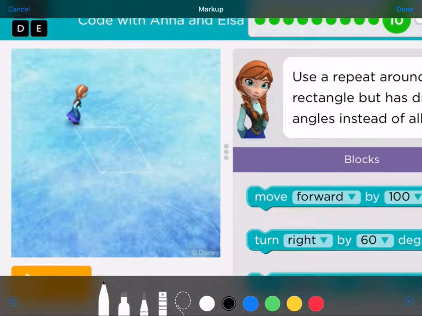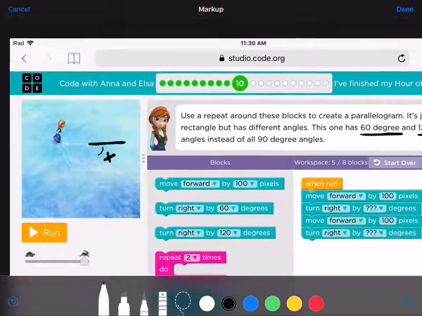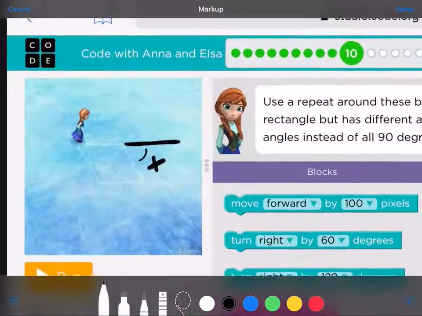So she's going to go straight forward, and then I'm just going to continue this line as if she keeps going, because I know that she's going to need to turn by this much, this angle here, which I earlier had called X. So this tells me in the information I was given that it's either a 60 degree or 120 degree angle.